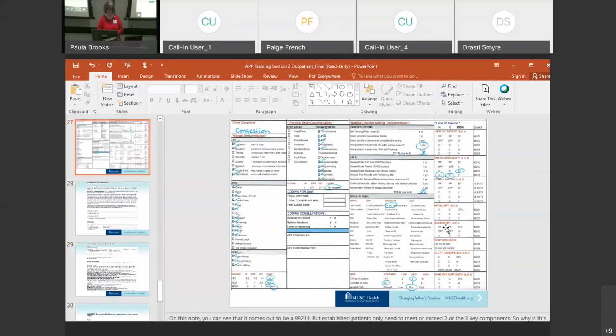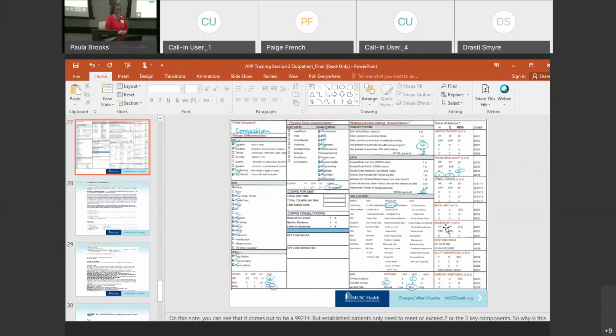Talk about post-ops and when the global periods are for different payers, and when things might change. Yeah, let's cover that in its own session, because that could be a session in and of itself.